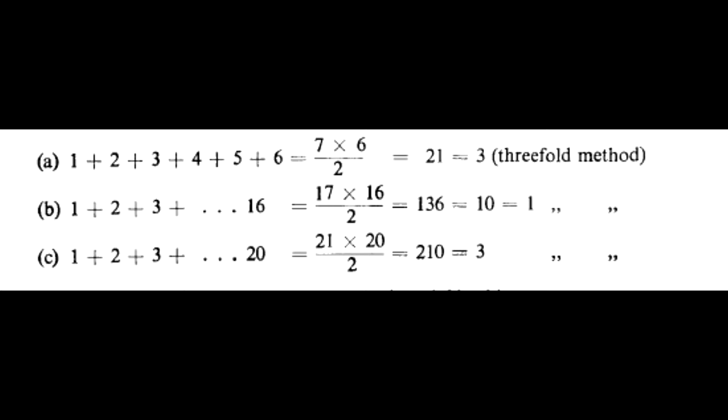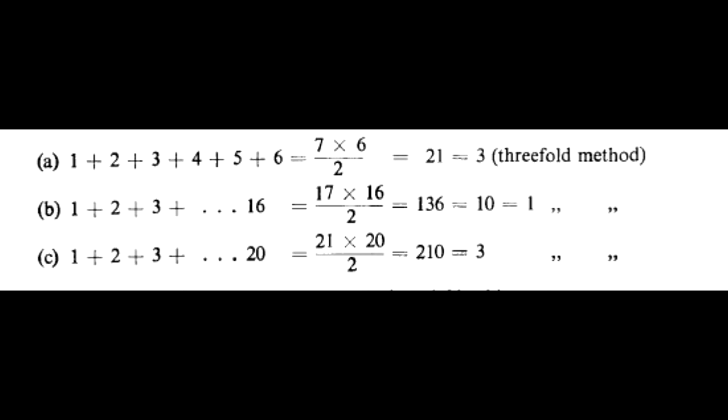These theorems are easy to check, but we will limit ourselves to only 3 examples. A. 1 plus 2 plus 3 plus 4 plus 5 plus 6 equals 7 times 6 divided by 2 equals 21 equals 3. Threefold method.